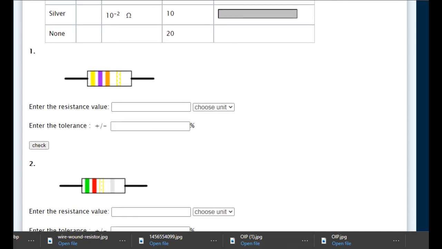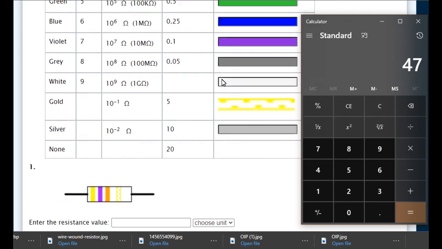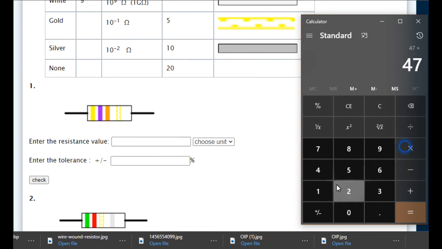So open a calculator beside you. The first two colors give 4 7, and the third band is your multiplier. The multiplier is orange, so that means 10 to the power 3. You have to multiply by 1000, so the value will come in ohms: 47,000 ohms.